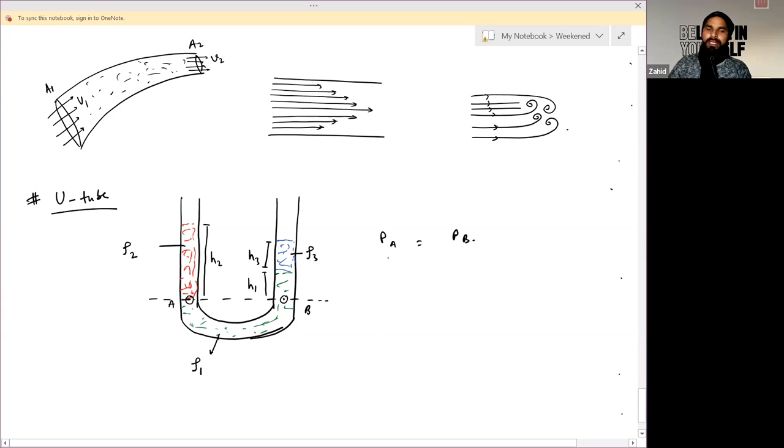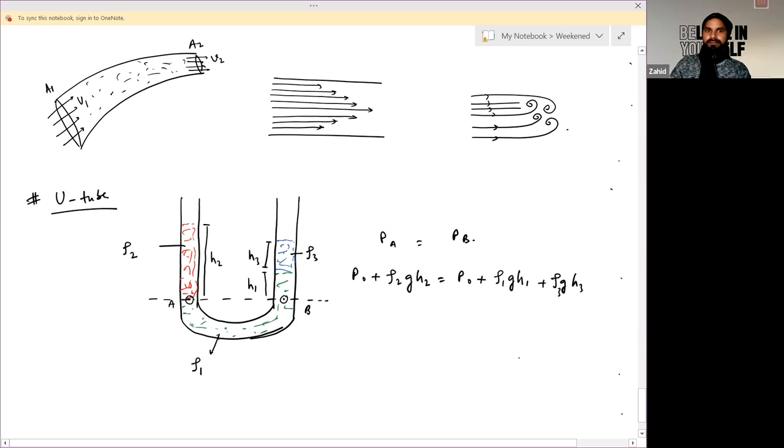Pressure at point A will be the absolute pressure due to air plus this particular liquid, so it will be P naught plus rho g h. Pressure at point B will be due to atmospheric pressure, liquid first and liquid third as well. Now on putting all the values of rho 1, rho 2, H1, H2, you will get the unknown from this expression.